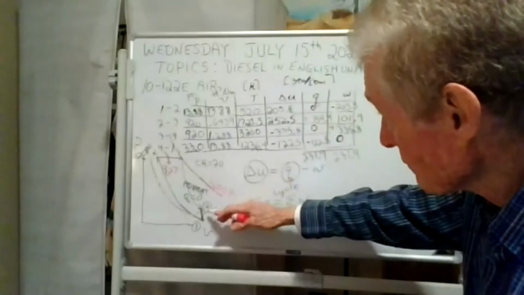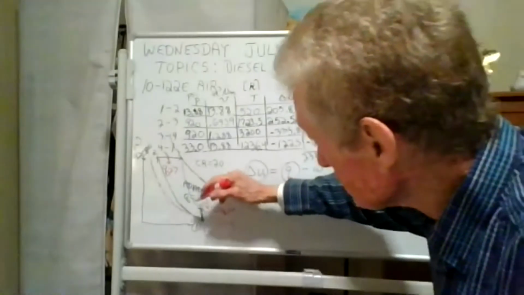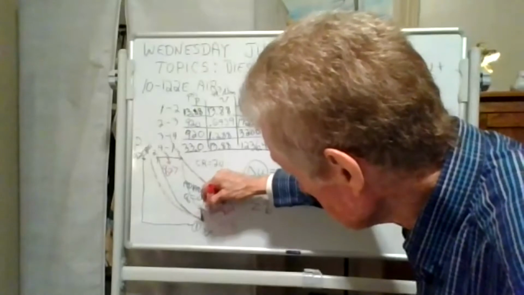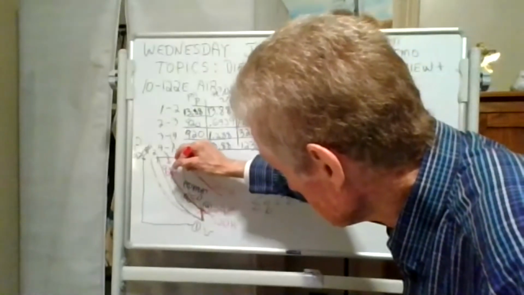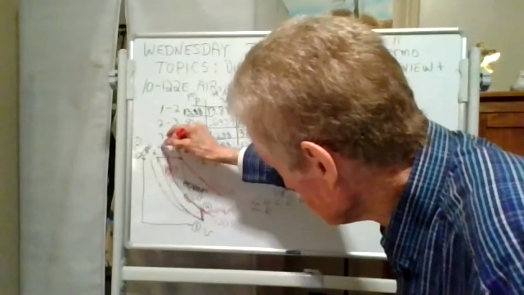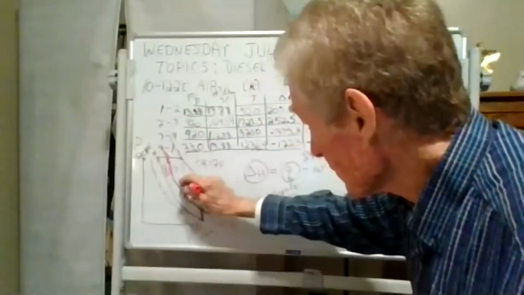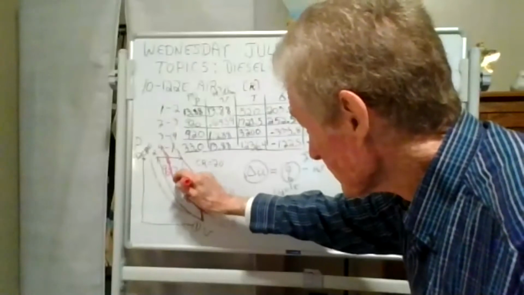At state 4, we have 1236. Kind of messy, but that's the 1236.